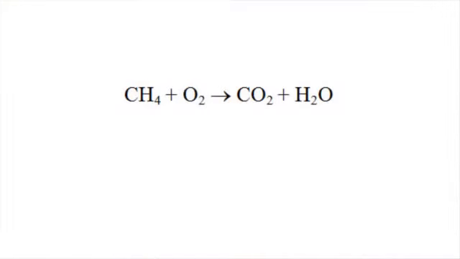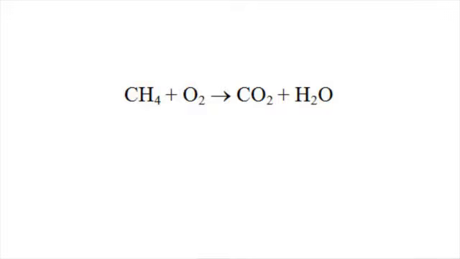So this equation was balanced for you, but most of the time, you're going to be given unbalanced chemical equations, which is where the reactions have no coefficients in front of them. Remember, you can change the coefficients, but never the subscripts. Here's an example of a combustion reaction.